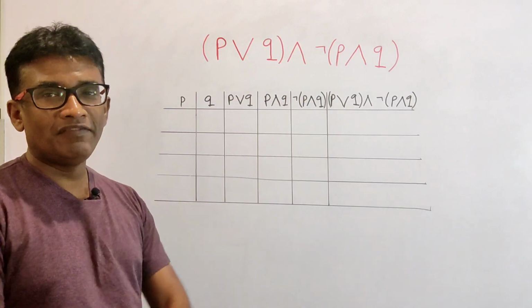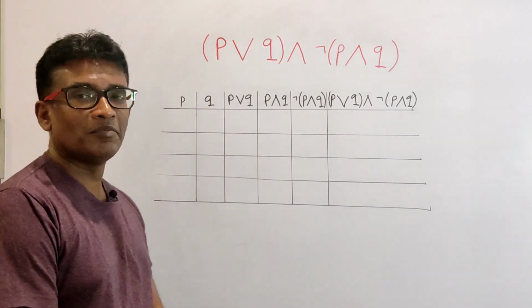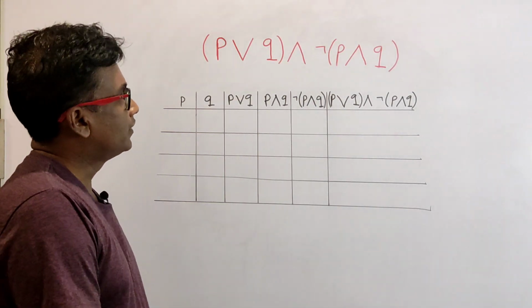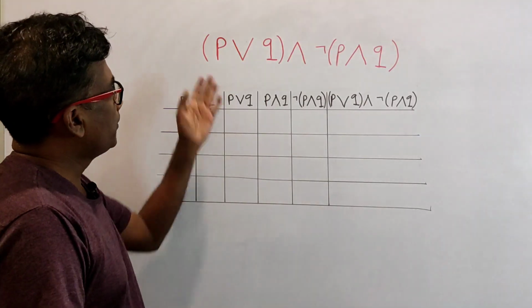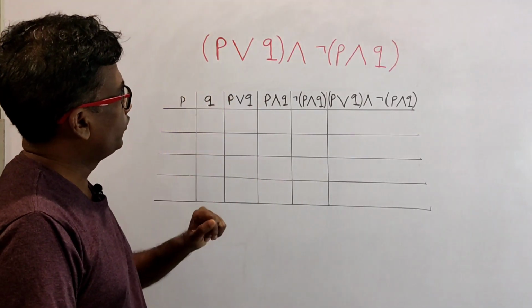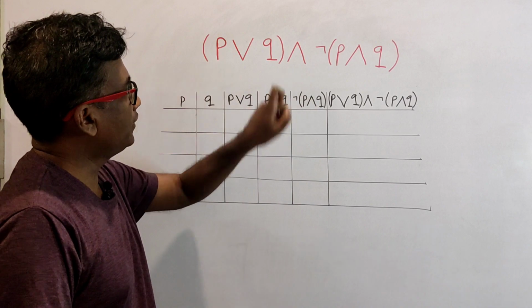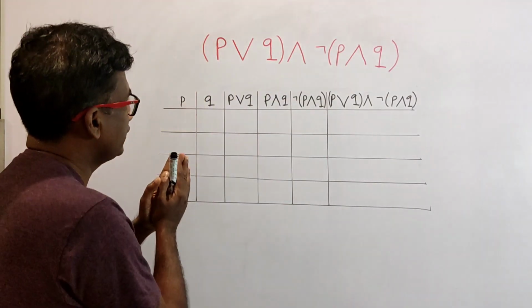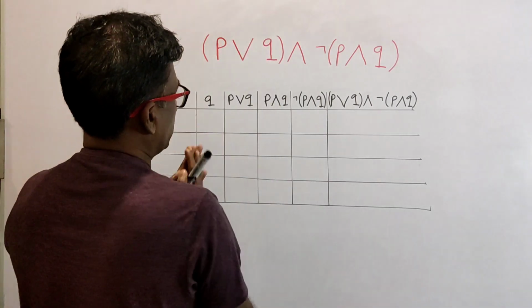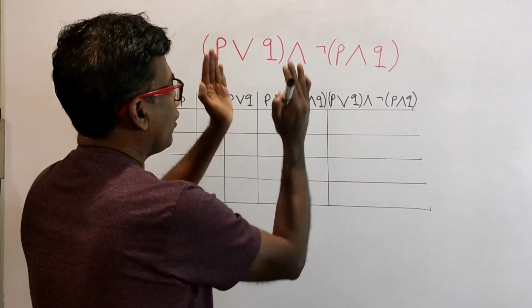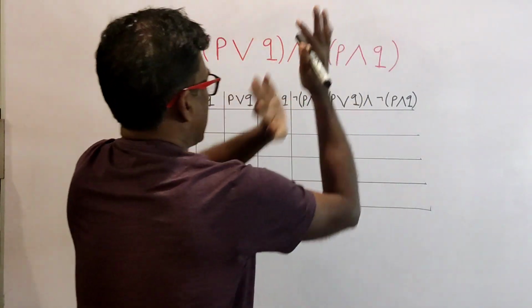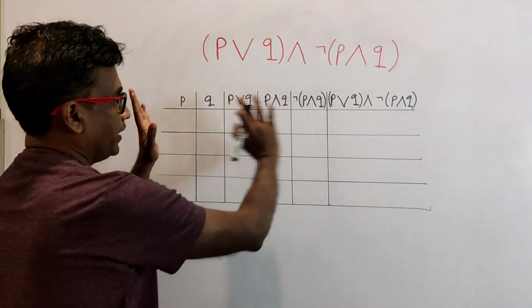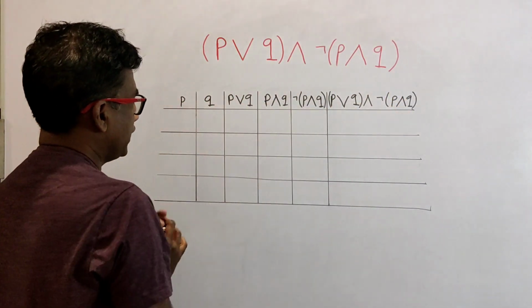Now we will look at this interesting compound proposition. This can be read as P or Q and not P and Q. It is the conjunction of P or Q and the negation of the conjunction P and Q. So here we are going to construct the truth table.